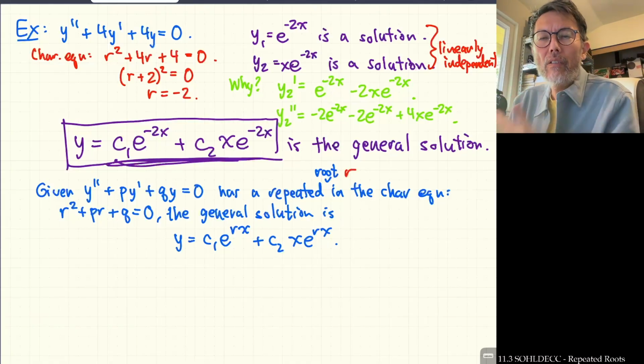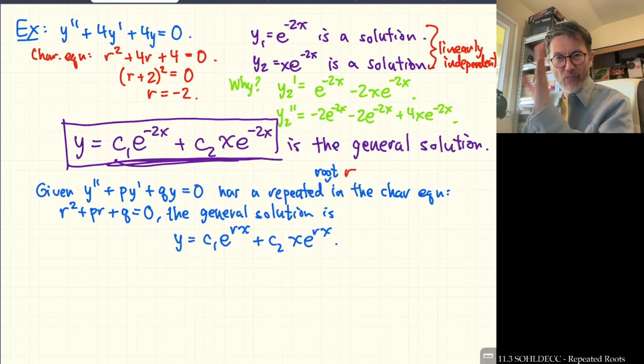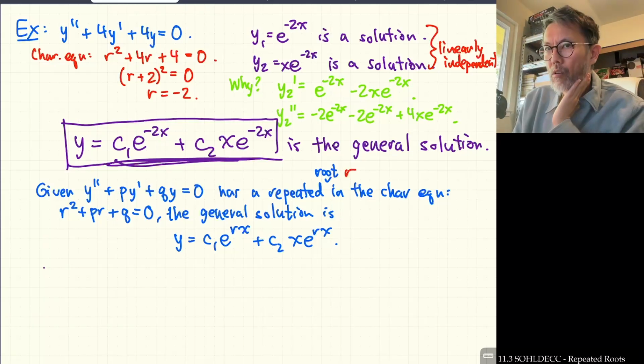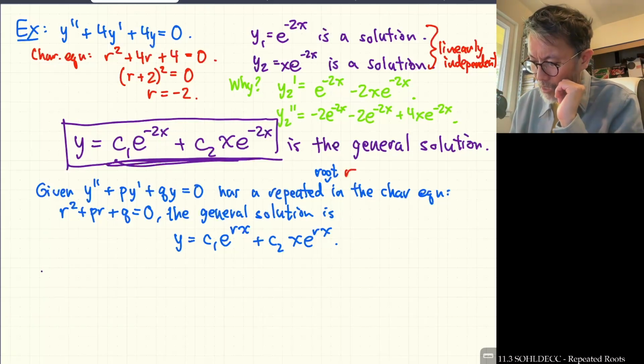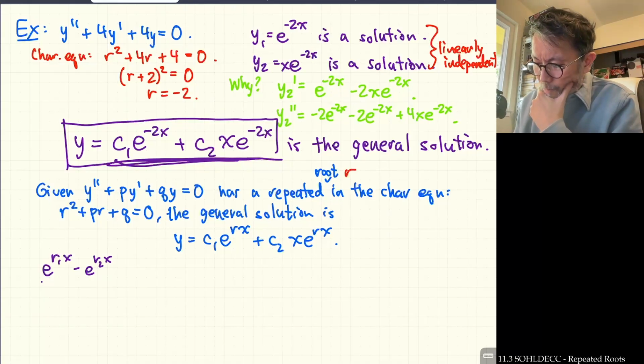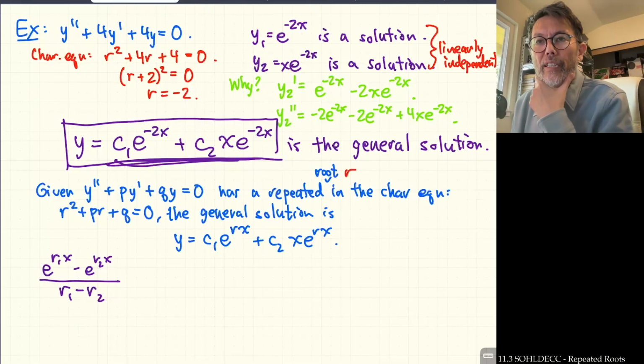Why does this x thing, putting it out front, work? And I will end the video this way. Maybe this is even optional, but for those that want to know, the basic idea is that, well, let's say that you had two real and distinct roots, r1 and r2. Then if you took e to the r1x minus e to the r2x, and you divided this by r1 minus r2, when r1 and r2 are real and distinct, this is a solution.